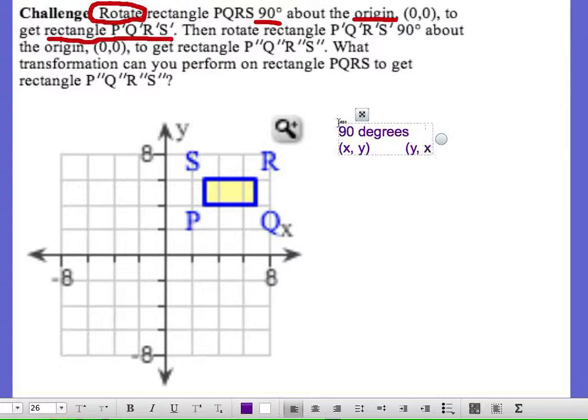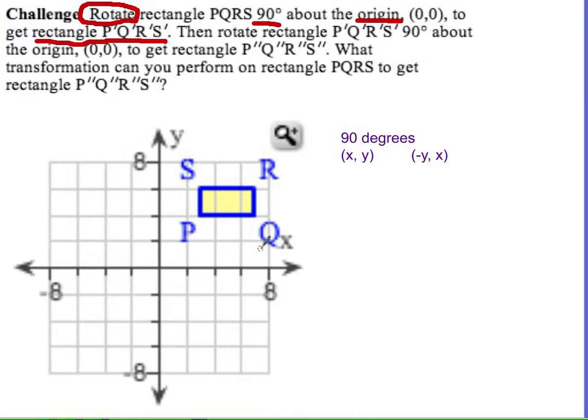switched them around, but it was Y that changed signs. So R, it looks like they're counting by twos. 2, 4, 6, 8. Excuse me.